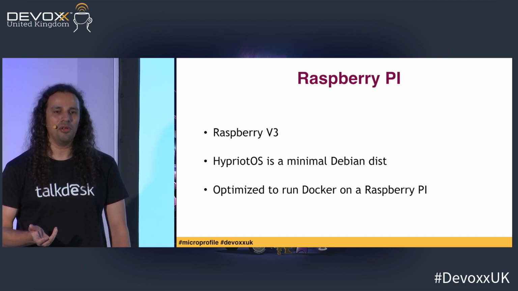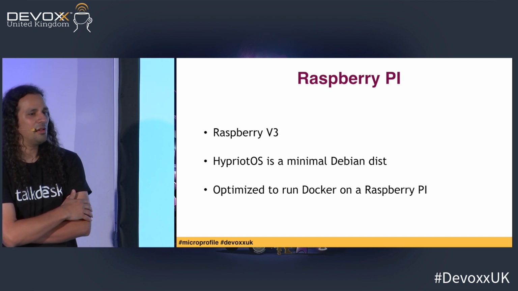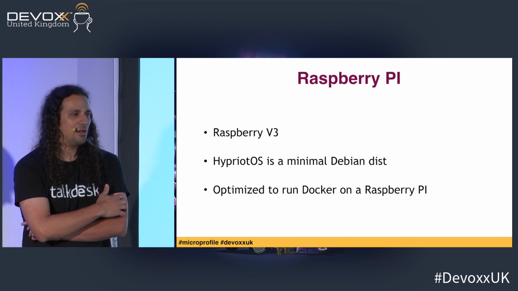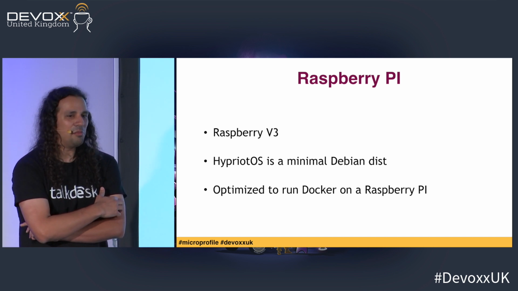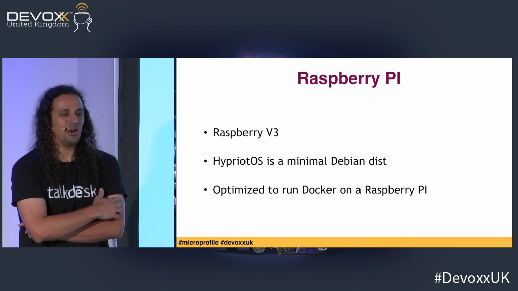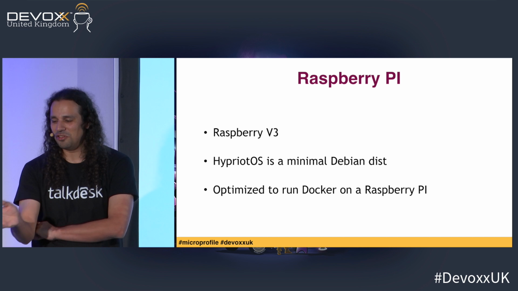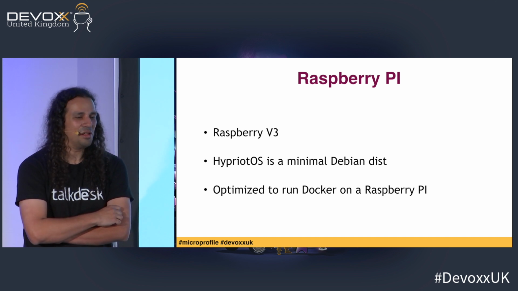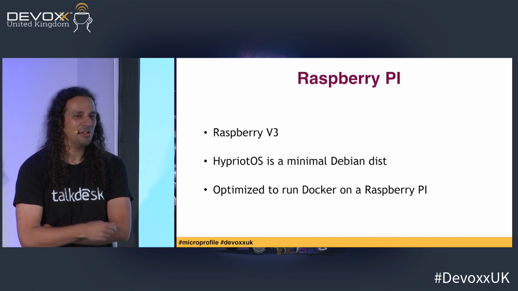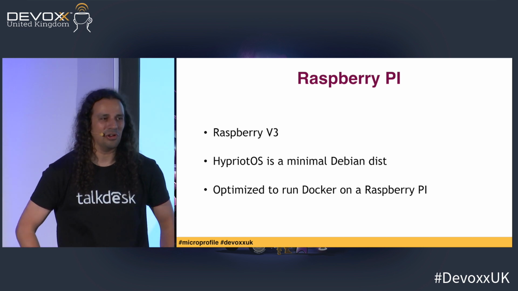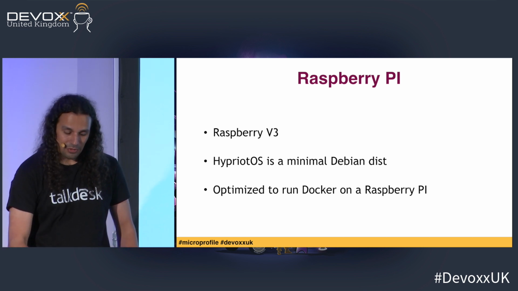There is something called HypriotOS, an operating system designed for Raspberry Pi and optimized to run Docker on an ARM. So it already has Docker built in, so you just have to flash the SD cards, put them over there, and then you have Docker, and you can push whatever Docker image you have. There are some limitations.